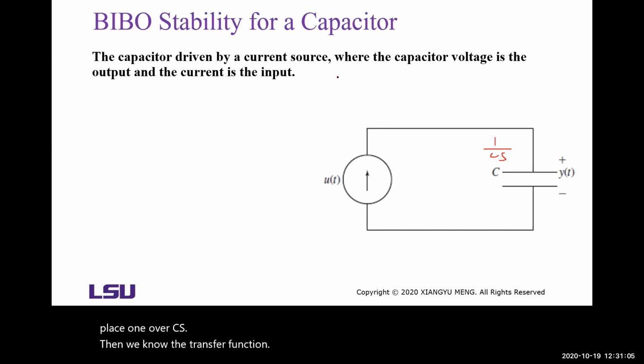The transfer function is from U(s) to Y(s), where Y(s) is the output, the voltage across the capacitor, and the input is the current, U(s).